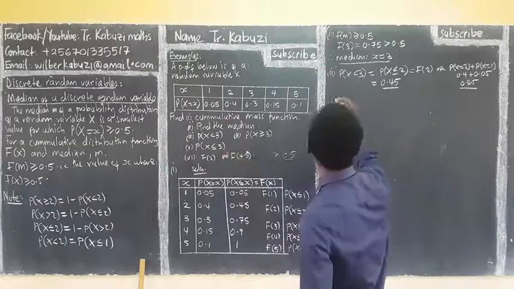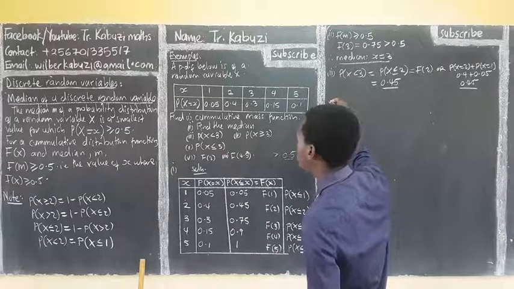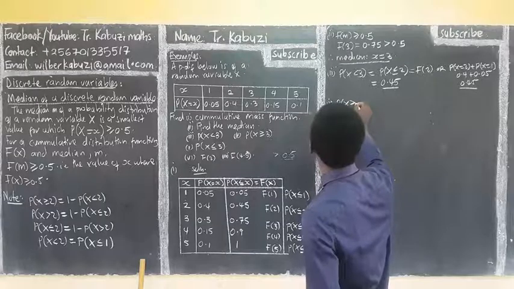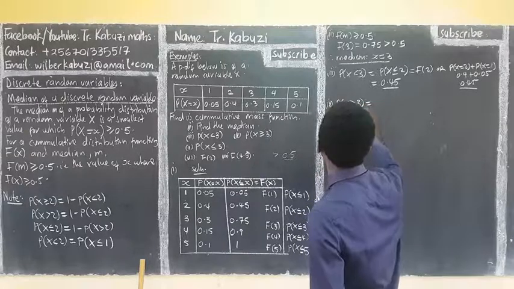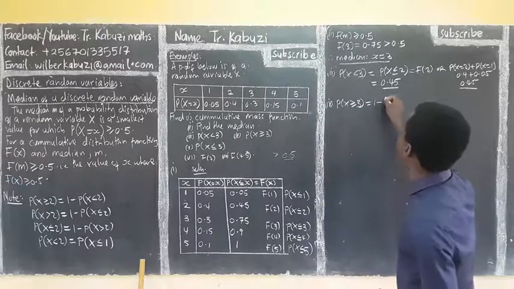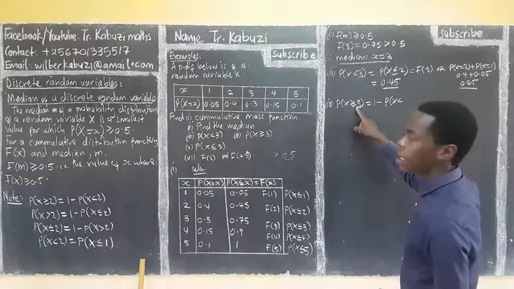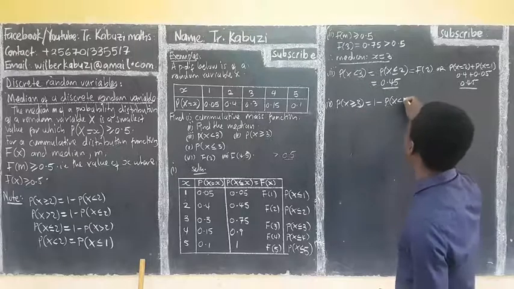When you come to number 4, probability of x greater or equal to 3. This is the same as 1 minus probability of x less than 3.